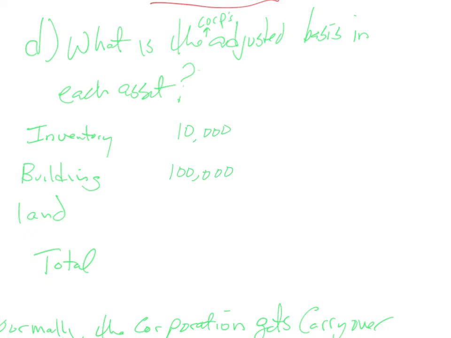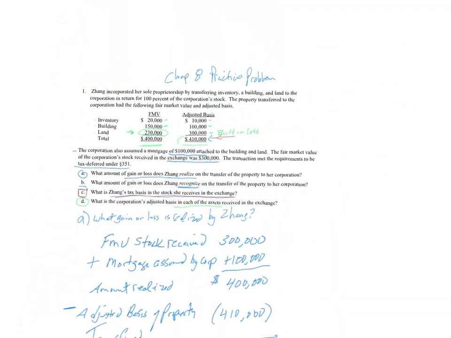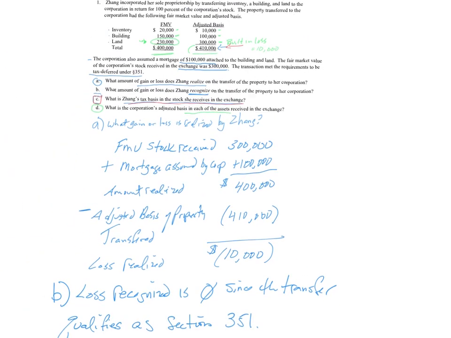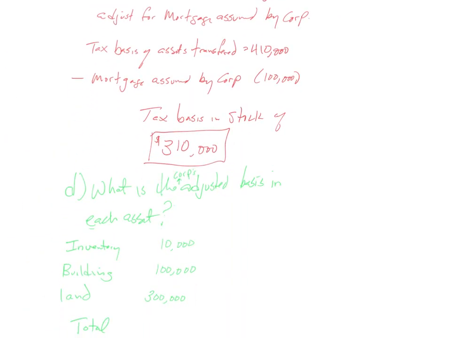So our starting point is going to be that carryover basis. But in this situation, what was our built-in loss? Well, our built-in loss equals $10,000 because our adjusted basis is $10,000 larger than our fair market value. In this situation, that's clearly attributed to the land.